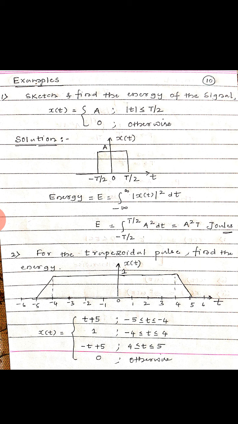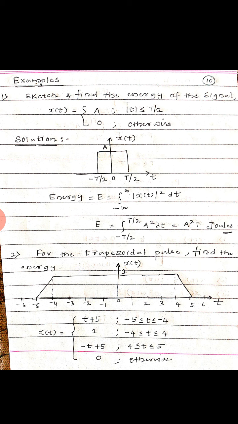So the signal x of t is not yet defined properly for the intervals minus 5 to minus 4 and 4 to 5. How do we define it? The signal x of t is equal to t plus 5 for minus 5 to minus 4, and for minus 4 to plus 4 the signal x of t is 1, and for 4 to 5 the signal is minus t plus 5.